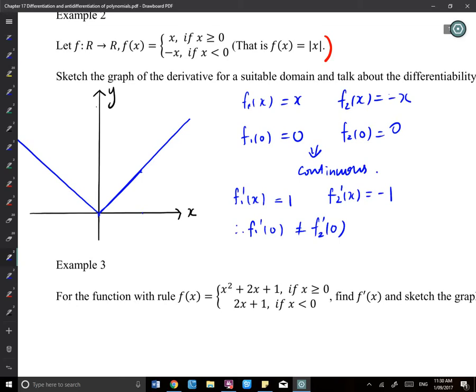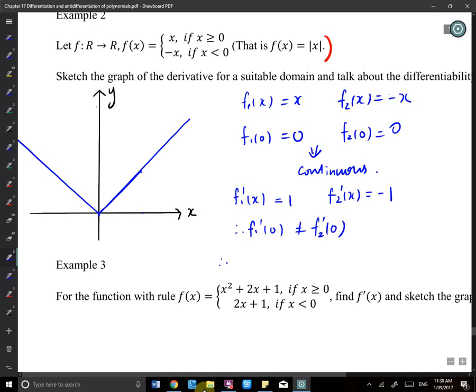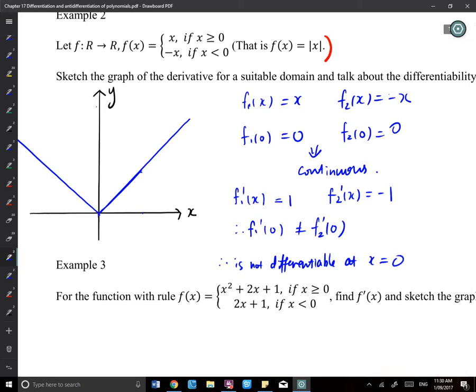So it's not differentiable at x equals 0. All the other points are fine, just not that connection point. That connection point is not working well, so it's not differentiable at that point.